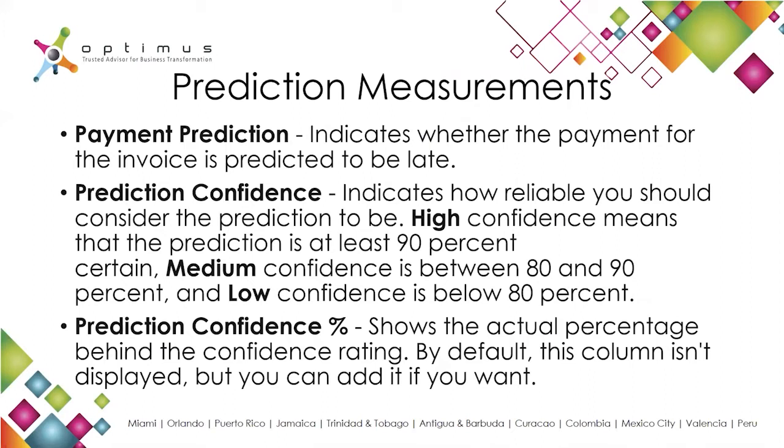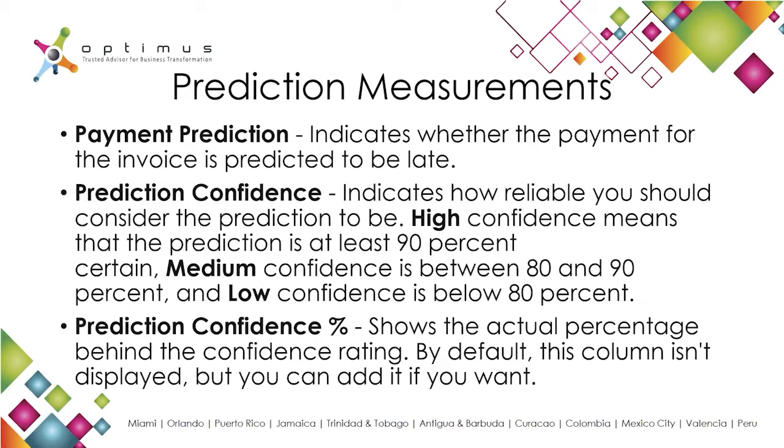It's important to mention that the confidence coming from the statistical model indicates how reliable you should consider the prediction to be. High confidence means that the prediction is at least 90% certain. Medium confidence is between 80 and 90, and low confidence is below 80%. So this is not a straight ratio, like from 20 to 50 to 80.